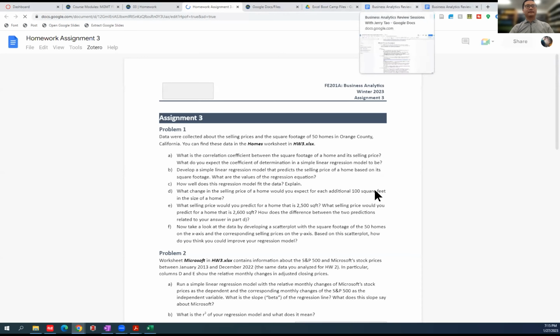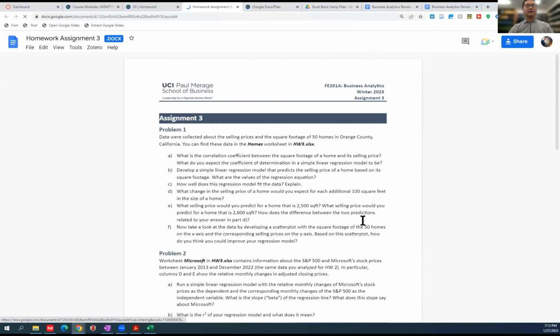So in problem 1, in addition to a plot and interpretation of R squared, we also need to calculate a correlation coefficient, and run a model, and then explain how well it fits the data, and also explain the effect of square footage on house price.